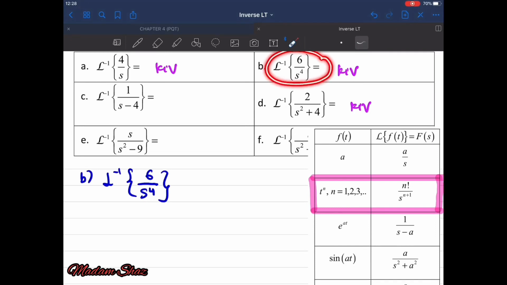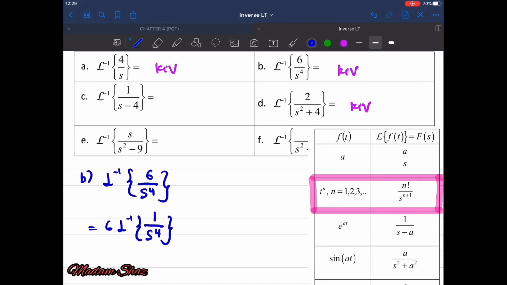Example B, Laplace inverse of 6 over s to the power of 4. So you have to bring the constant to the outside first. So we bring 6 to the outside: 6 Laplace inverse. When we bring 6 to the outside, it becomes 1 here, divided by s to the power of 4.